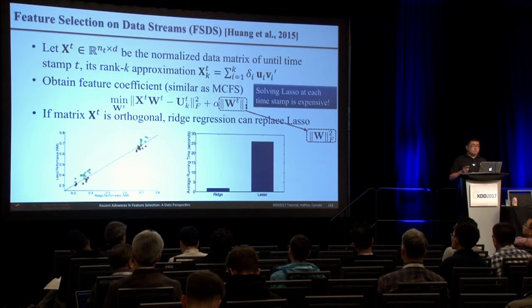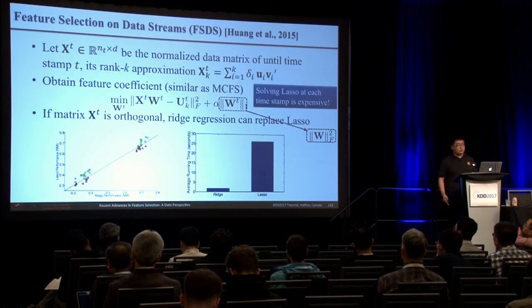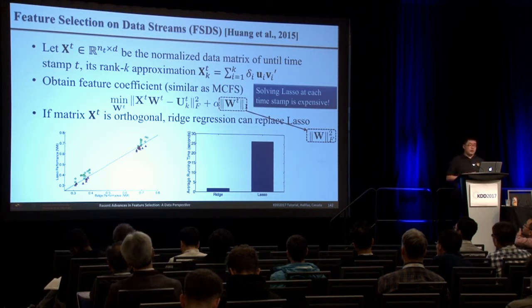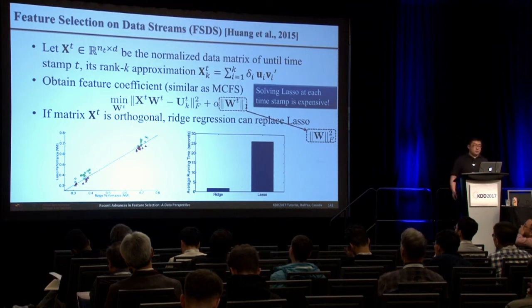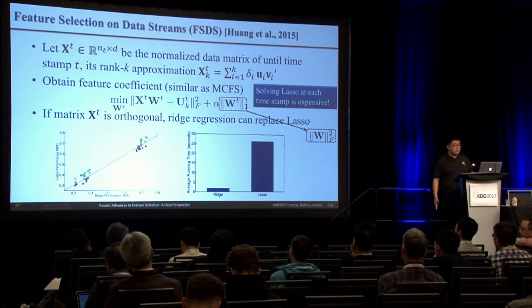So here is the formulation. We assume that x_t is a normalized data matrix collected until time step t. Then we can get its rank-k approximation by using the singular value decomposition. Here they propose a feature selection method based on MCFS, which Jiliang has talked about.